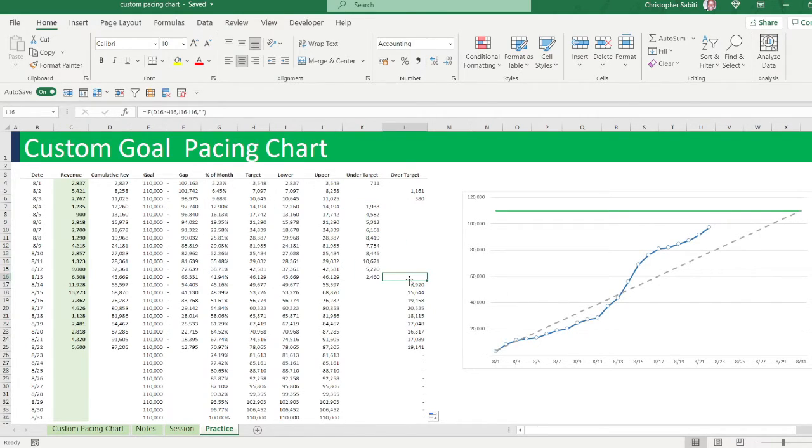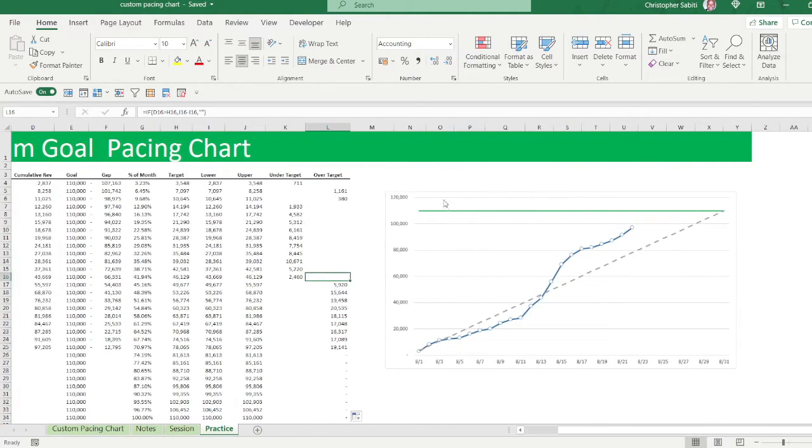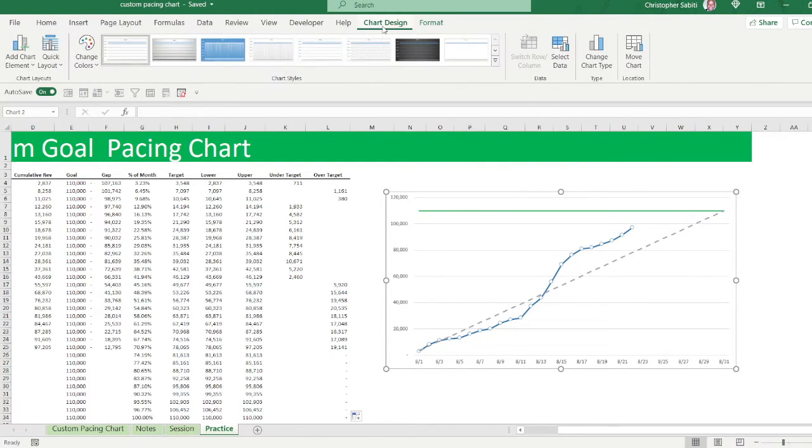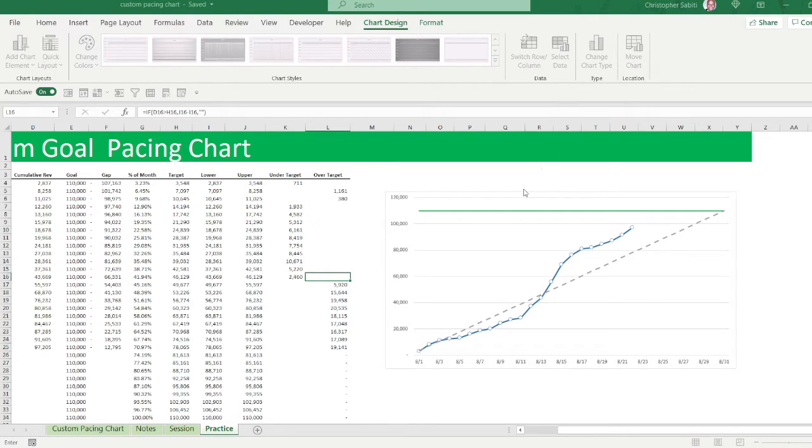Okay, let's include now the under and the overs in our graph. Here I'm going to add more series. Select your graph, chart design, then on chart design, as usual, select data. We're adding another series, and I will begin with the lower. Then we select the data.